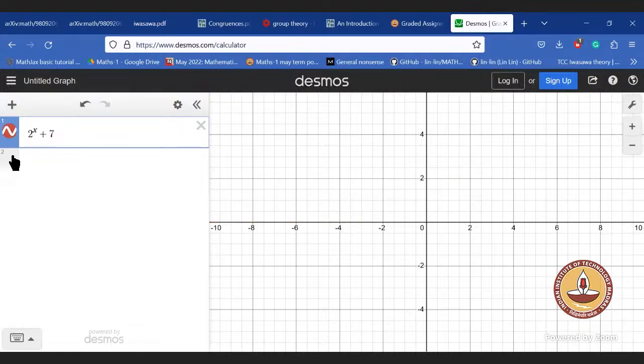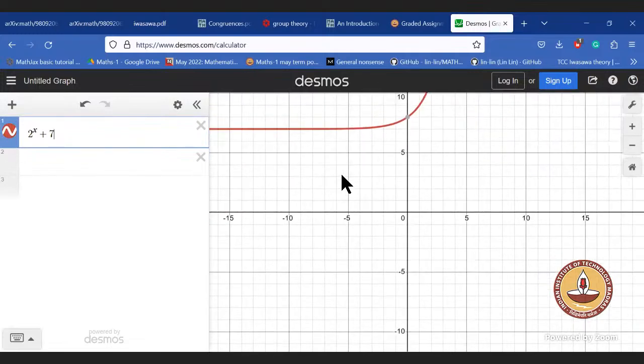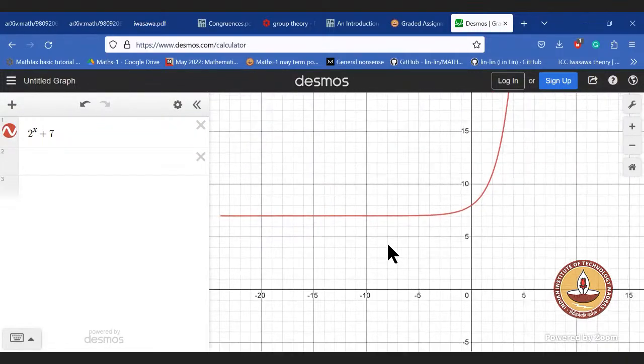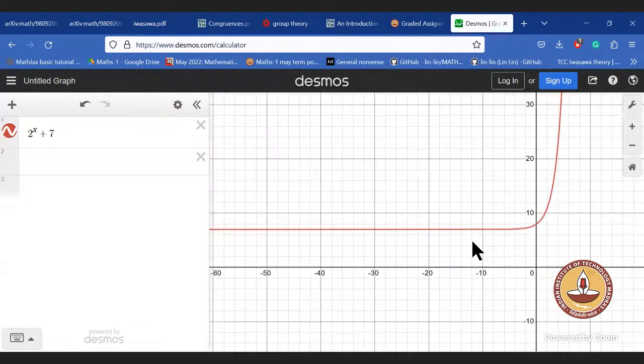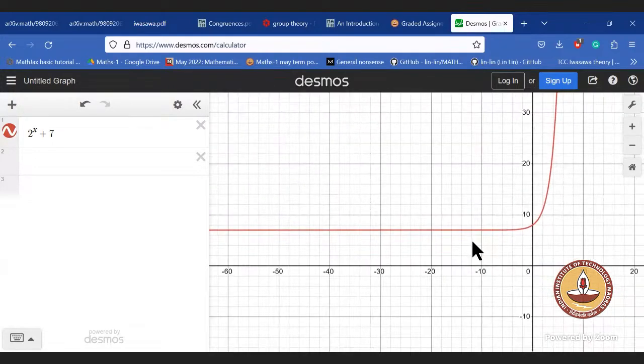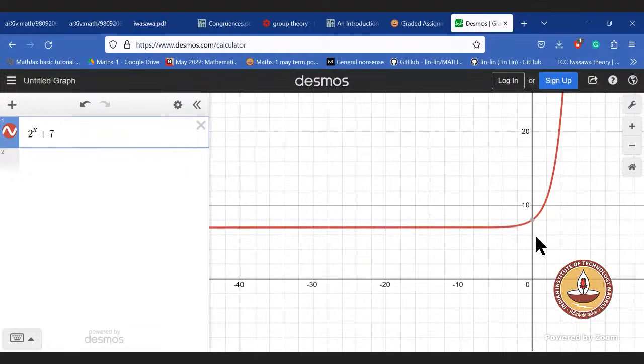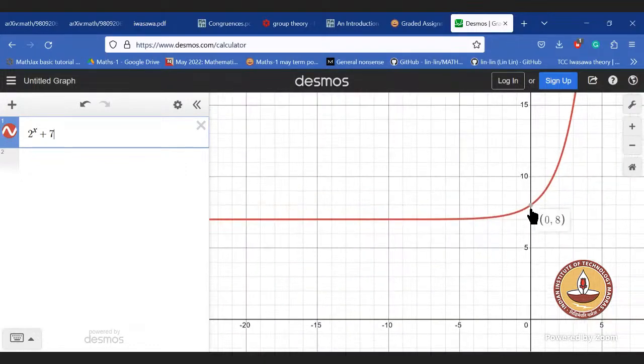Plus 7, right? Yes, sir. I don't know why it's not coming here. This is what you are getting, right? I think I made a mistake in putting it. See, this is basically the horizontal tangent 7, right?